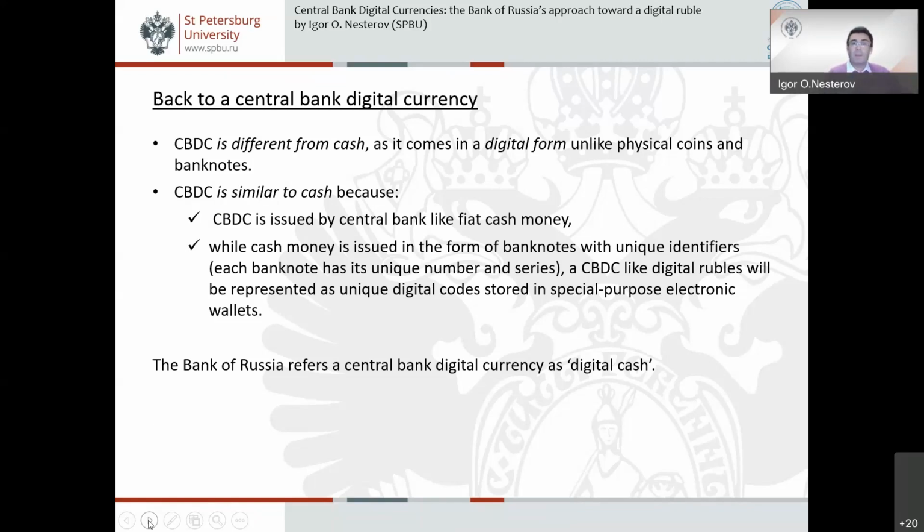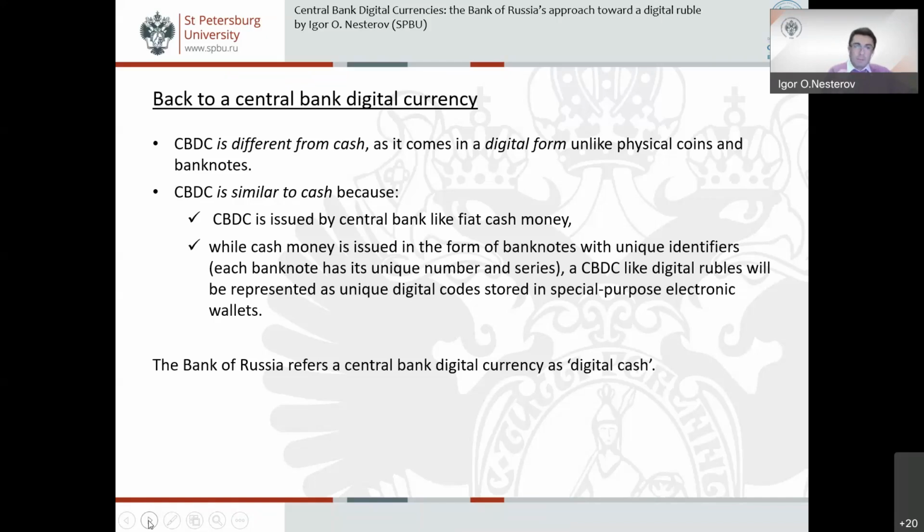key point, while cash money is issued in the form of banknotes with unique identifiers, so you know each banknote has its unique number and series number, a CBDC like, for example, the digital ruble will be represented as unique digital codes stored in special purpose electronic wallets.